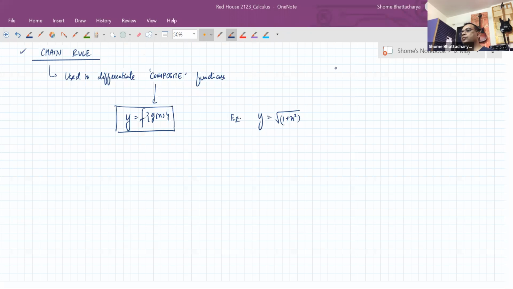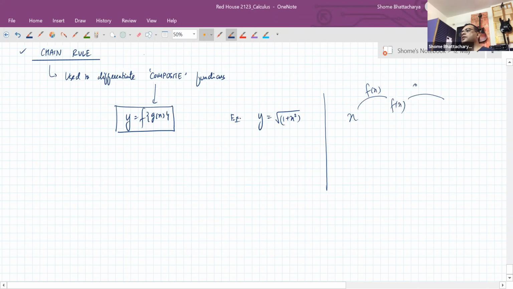So how we have got from x to y here is that on x, first we have operated the function f of x, and then the function g of x, whatever. We can use the symbols in any order, it doesn't matter. But on x, we have first operated f. So we've got f of x.